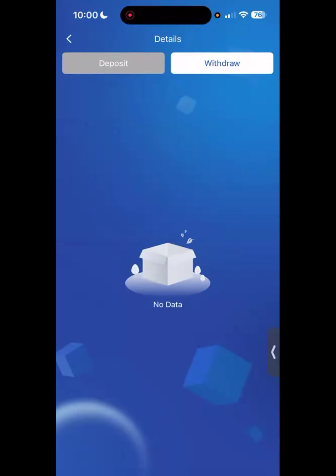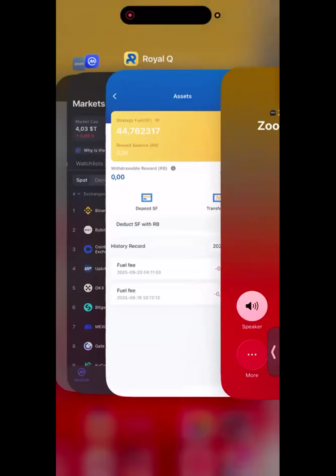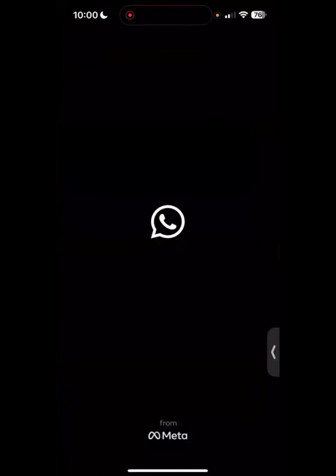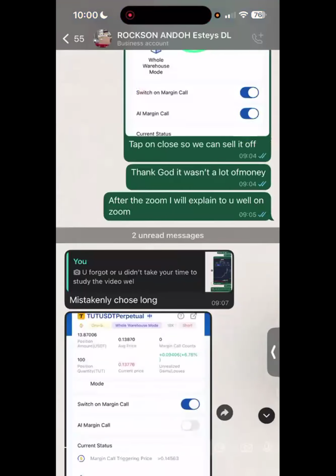So please, those people, I created this account purposely for them to debunk their rumors that it's not true. If you say you want to use the robot to trade alone, that is okay. You can.